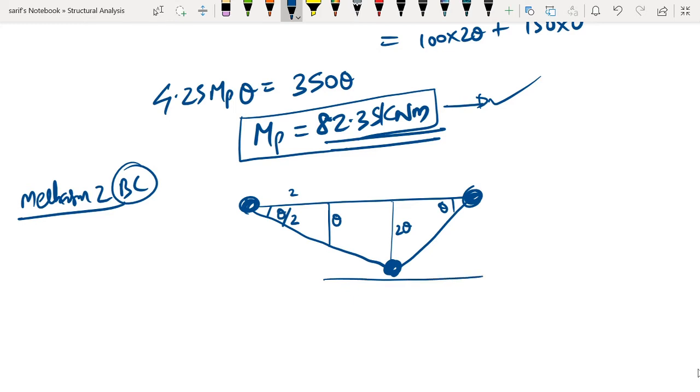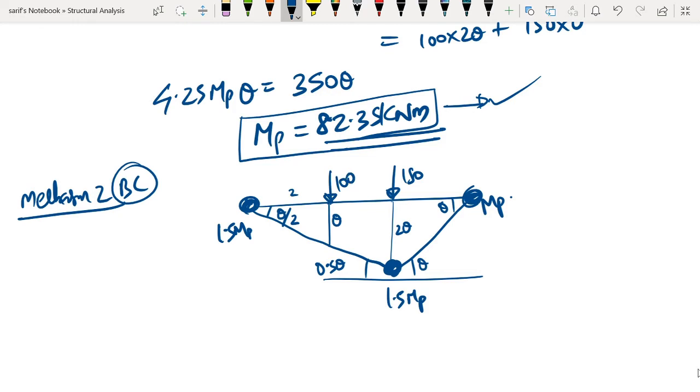This angle will be theta and this will be 0.5 theta. The capacity of the plastic hinge here will be 1.5 MP, this will be 1.5 MP, and here it is the intersection of two sections, 1.5 MP and MP. Therefore we choose the lower value, that is MP. Here we have the 150 kilonewton load and here the 100 kilonewton load.